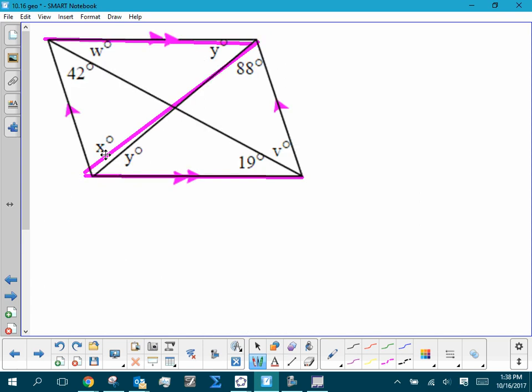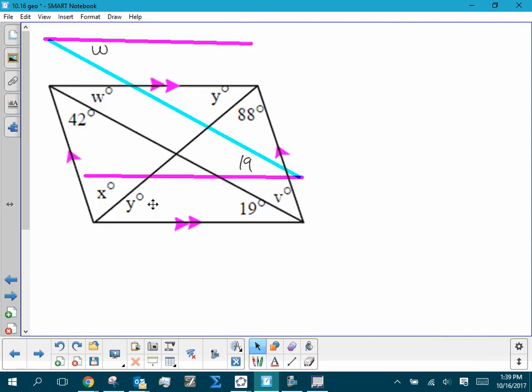So the next thing you do is look at maybe a different transversal. All right, so I look at that transversal there. Looking at the components, W is there and 19 is there. Bring the picture out.